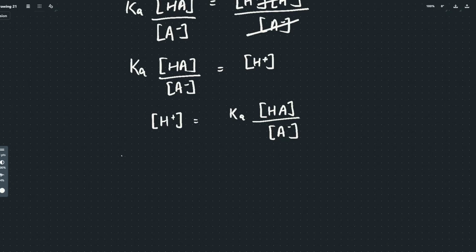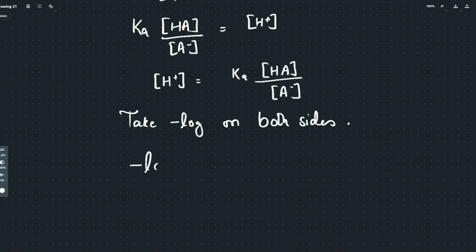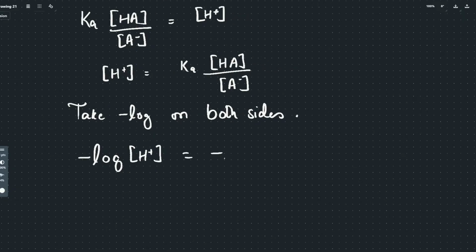We need to take negative log on both sides of the equation. So we can write it: negative log H positive is equal to negative log of this whole thing, like this.